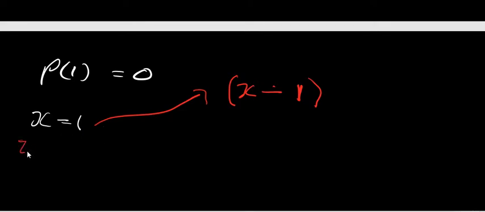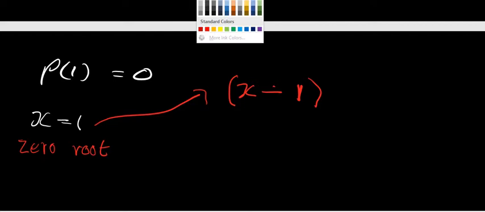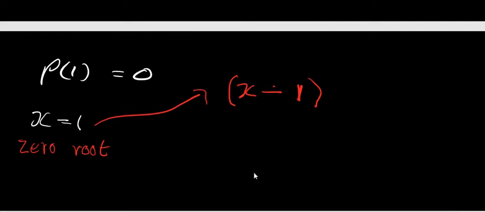So this one is known as the zero root, and this other one is known as the factor. You should be able to differentiate the two, but it is from the factor that we get the zero root.